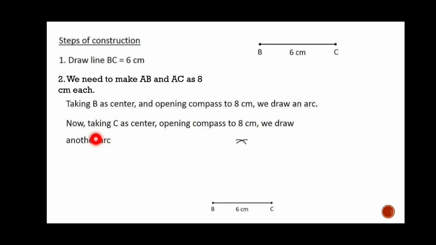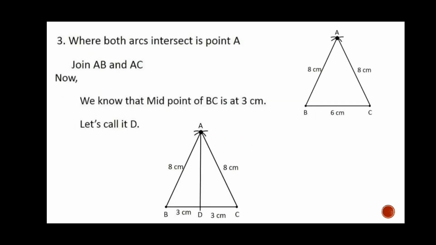In the same way we take C as a center, and with the same measurement of 8 centimeter we draw another arc, and you will see that both arcs intersect each other at this point. We name this point A, and join A to B and A to C. So these are the required line segments AB and AC, the other two sides of the isosceles triangle, equal to 8 centimeter.